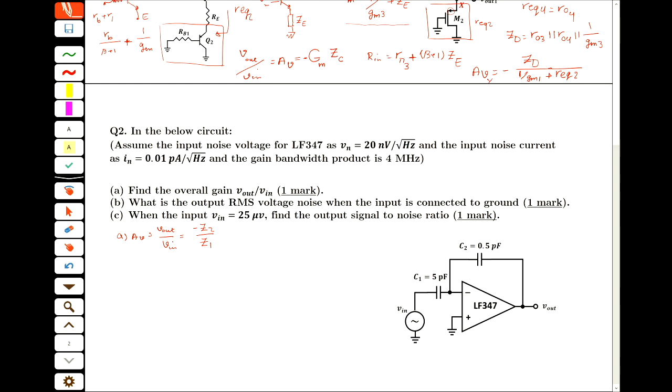You agree with me on this. So this one has a Z2, this one has a Z1, and then the gain of the op amp is minus Z2 over Z1, which is minus C1 over C2 and equals minus 10.